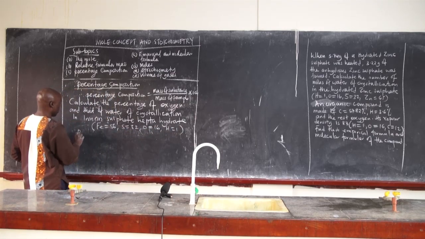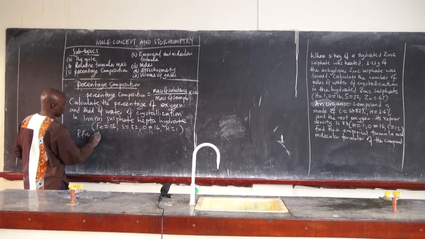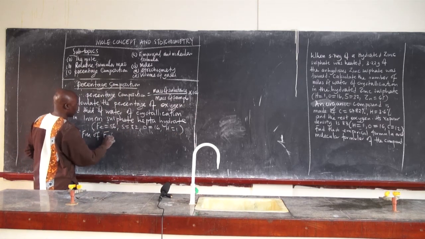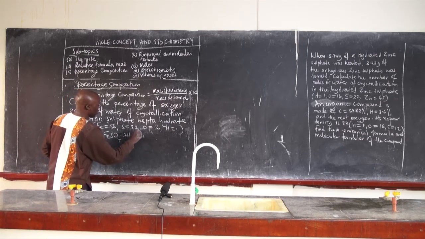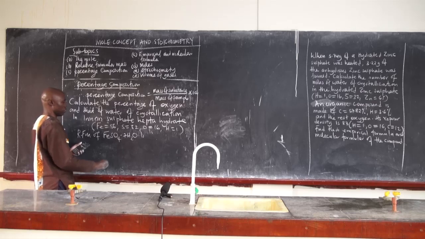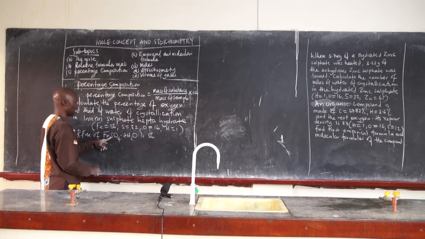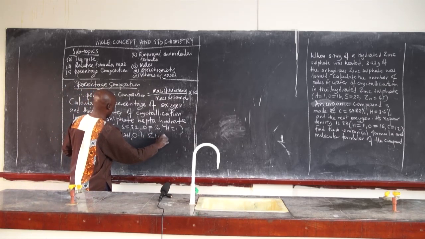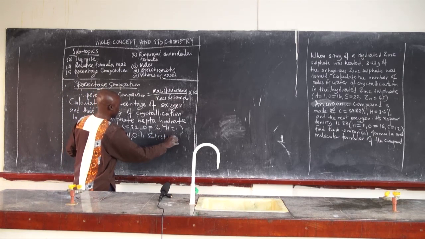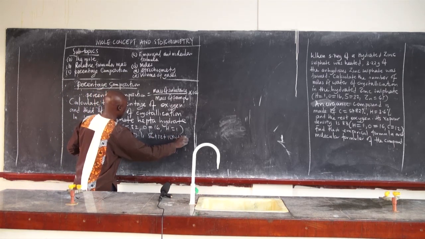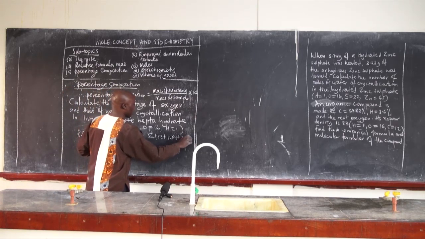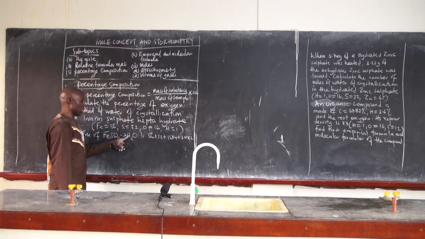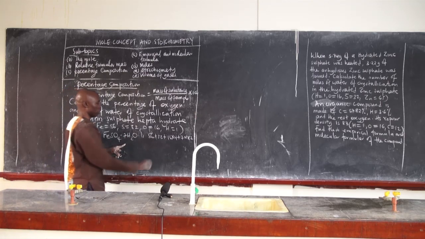So RFM of iron 2 sulfate dot 7 water is, iron is 56 plus sulfur 32 plus oxygen is 16 times 4, plus 7 multiplied by hydrogen is 1 times 2, then 7 times 16 for oxygen.